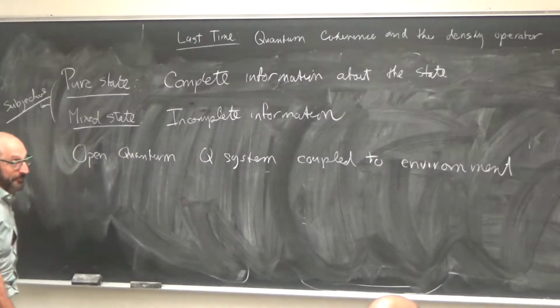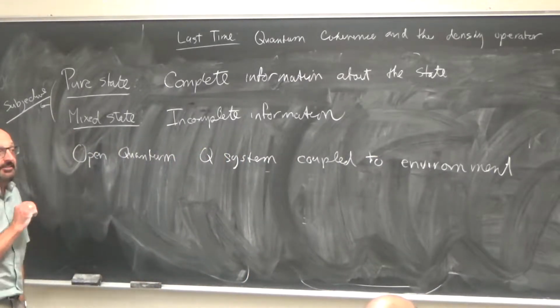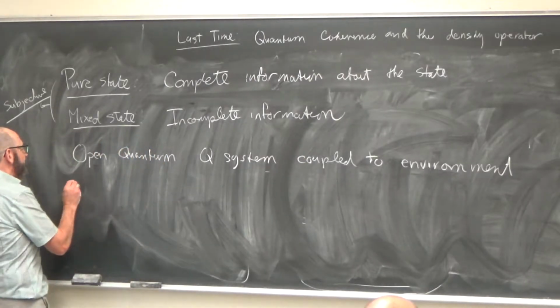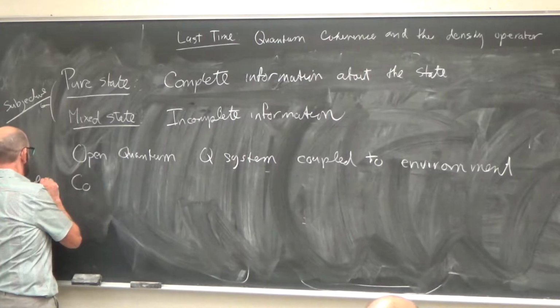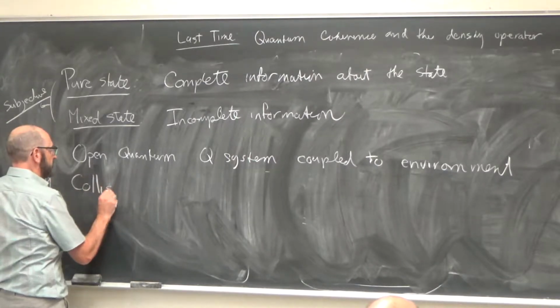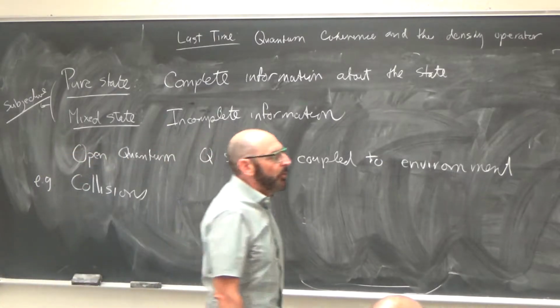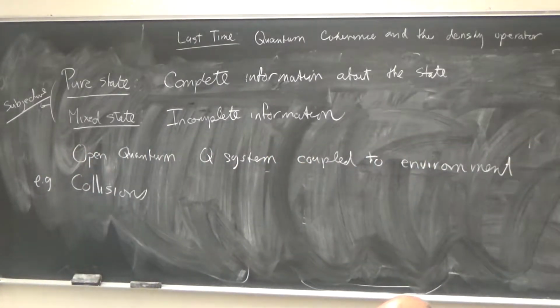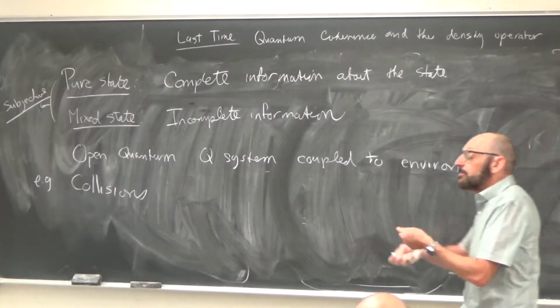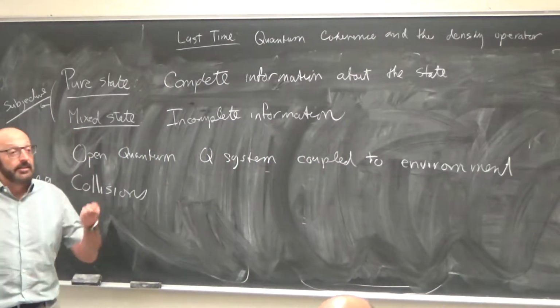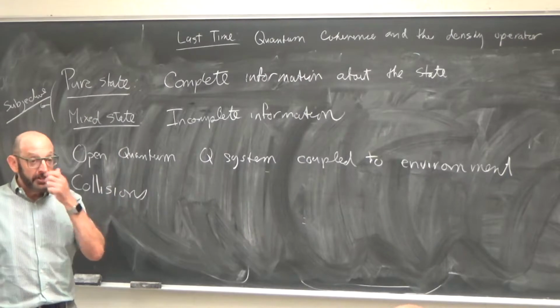For example, let's think about the example we discussed, I think last lecture, where we thought about collisions. When we thought about our Lorentz oscillators, we thought about how collisions between those atoms could cause elastic collisions which disrupt an oscillation.